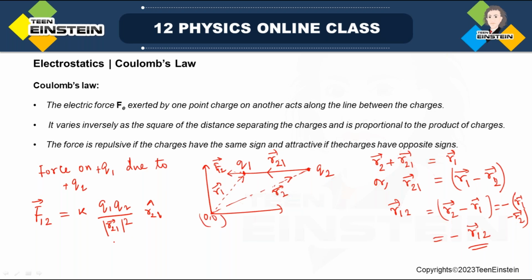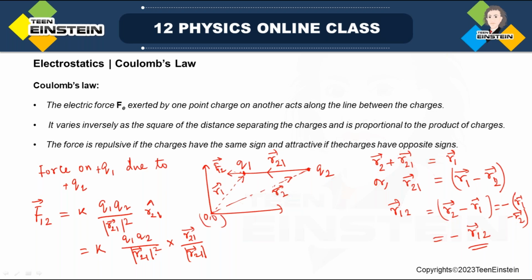If you want to write in terms of vector, then you have to write Q1 Q2 by mod R21 square. Unit vector means the vector R21 divided by its magnitude.